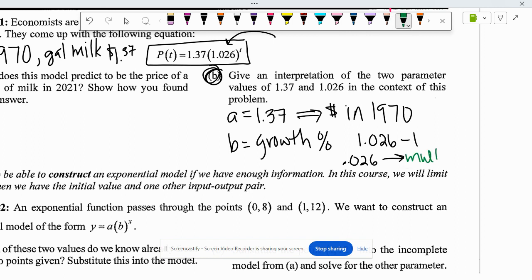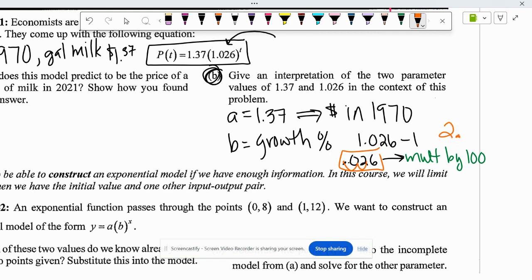You can multiply by 100. When you multiply by 100, you're actually moving the decimal how many times? 2. So it's growing at 2.6% annually. The cost of a gallon of milk is increasing by 2.6% each year.